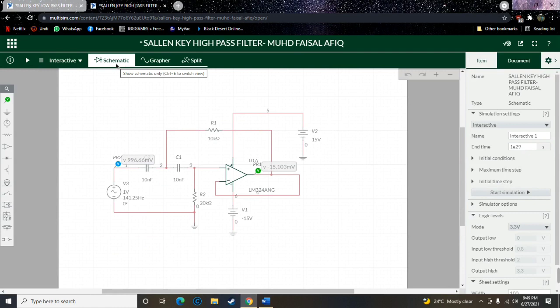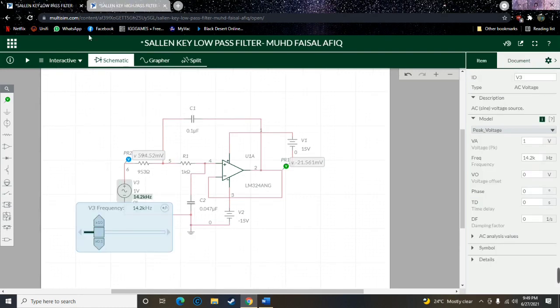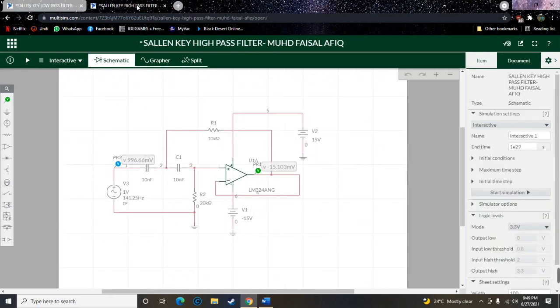This is the schematic circuit for the high pass filter. For the low pass filter, we start with resistor and then capacitor. But in a high pass filter, we start from capacitor and then resistor.